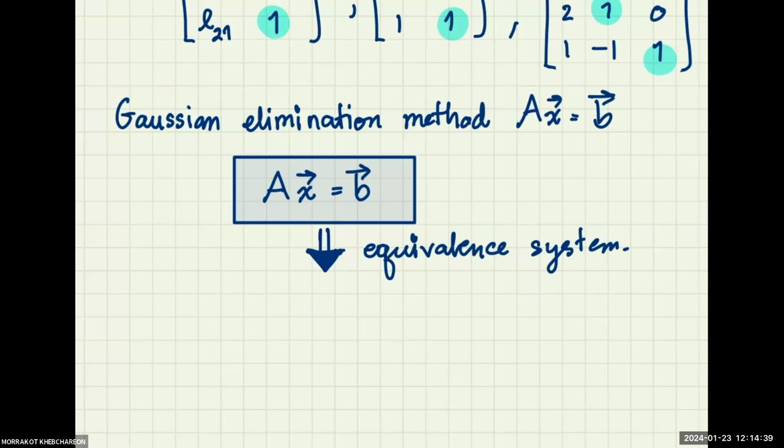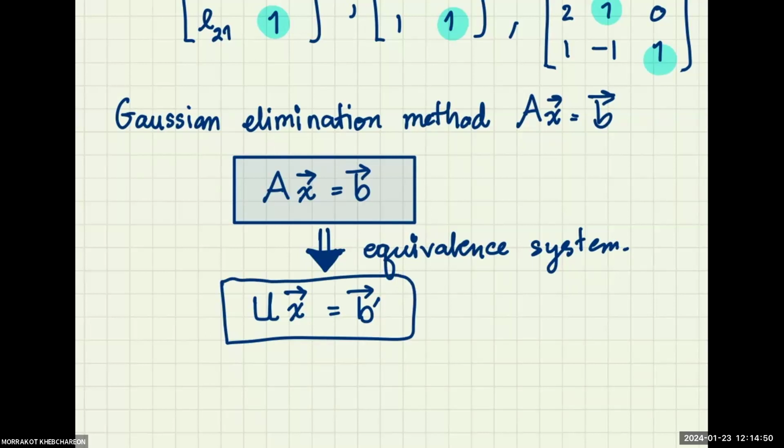Okay, to something called the upper triangular matrix. When we say equivalent, it means X remains the same, right? So the solution does not change, but the coefficient matrix A will change to U. U here is called the upper triangular matrix.